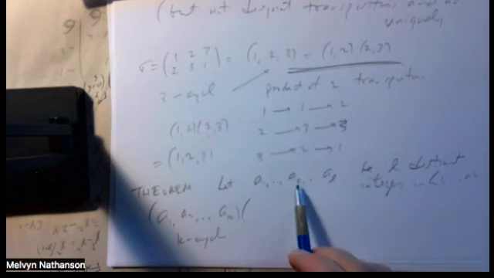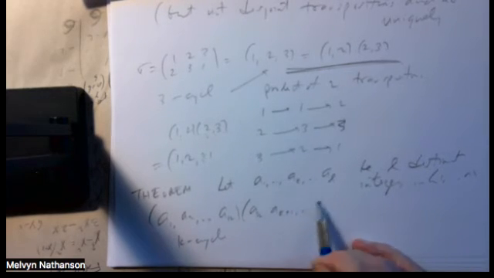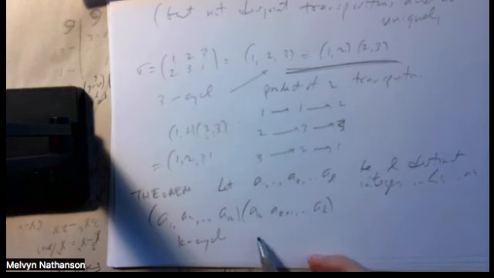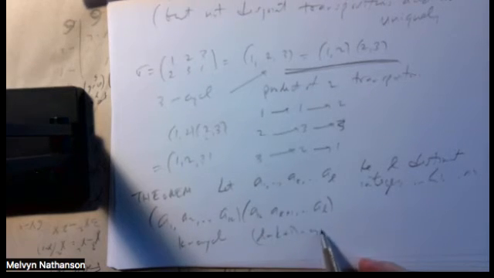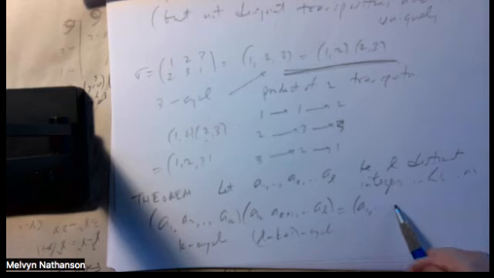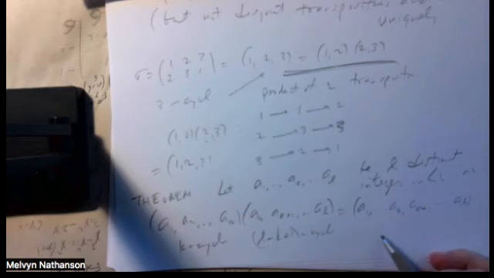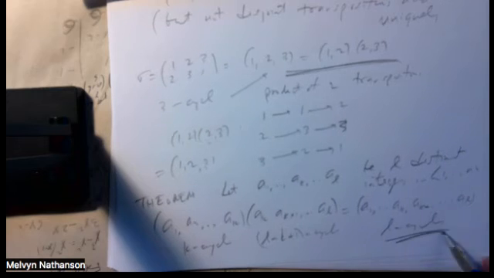And if I take the numbers AK up to A sub L, so this is an L minus K plus 1 cycle. So I have a K cycle, an L minus K plus 1 cycle. If I multiply these permutations, I get this L cycle.